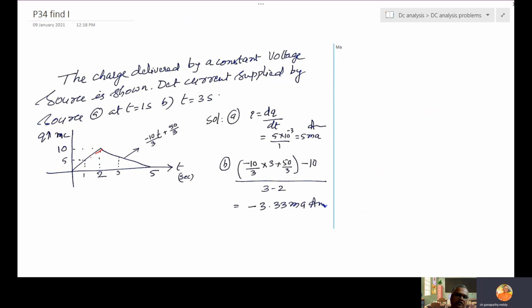So what is this current equation? It is nothing but 10 by 2. So 5. It is given in millicoulombs. This is seconds. This is millicoulombs. First you write the Q equation.